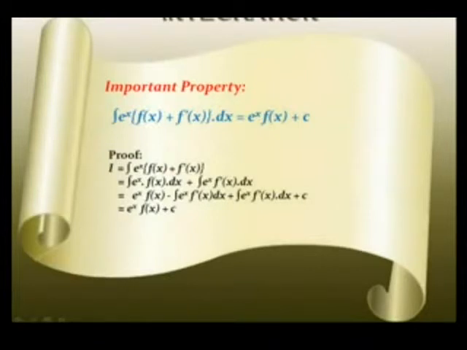Now we keep this term as it is and apply the integration by parts rule here to get e to the power of x into fx minus integral of e to the power of x into f dash x into dx. Here we have taken fx as the first function and e to the power of x as the second function. Now we see that this term and this term get cancelled, and what we get is I equal to e to the power of x into fx plus c.